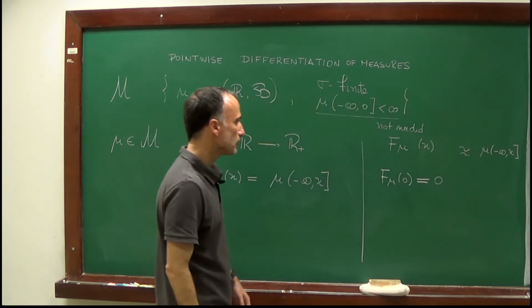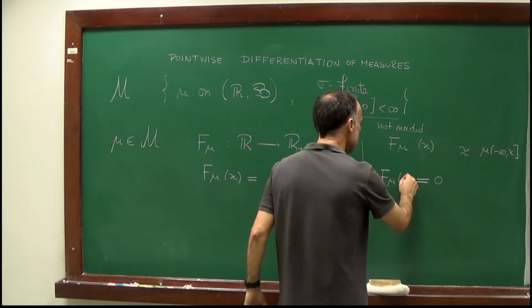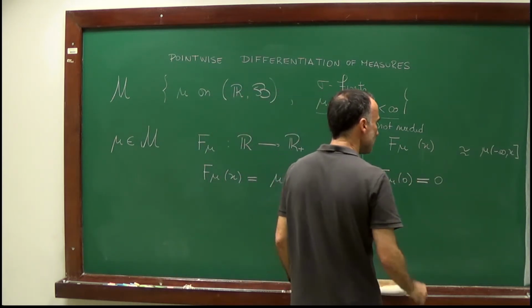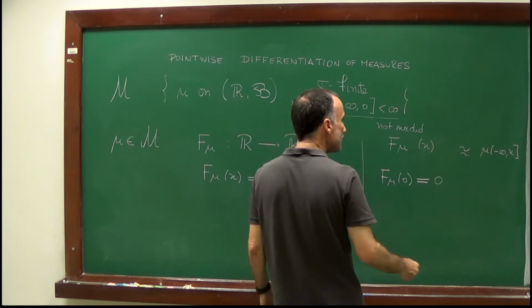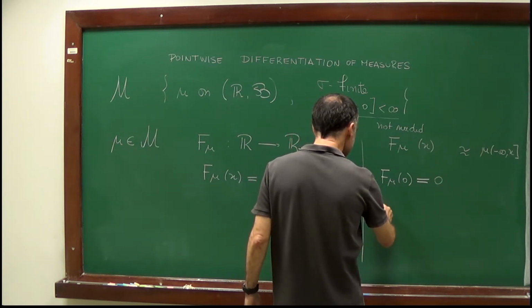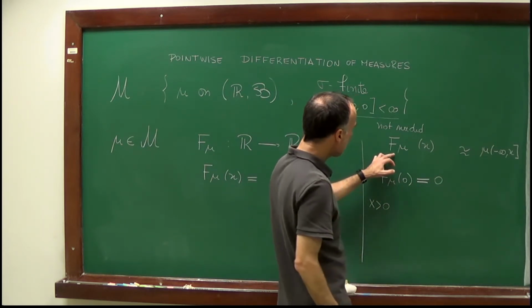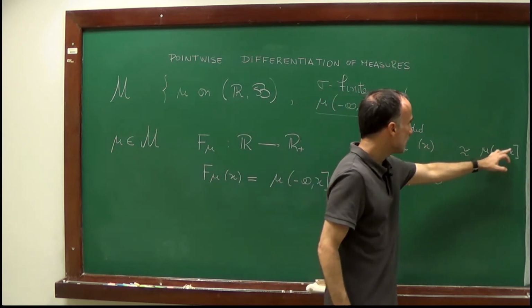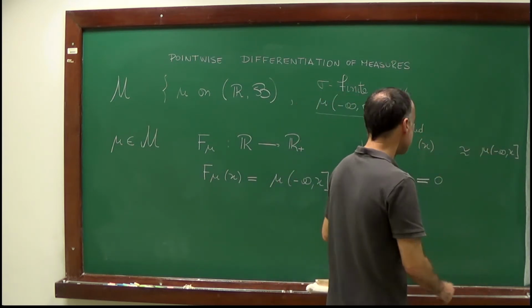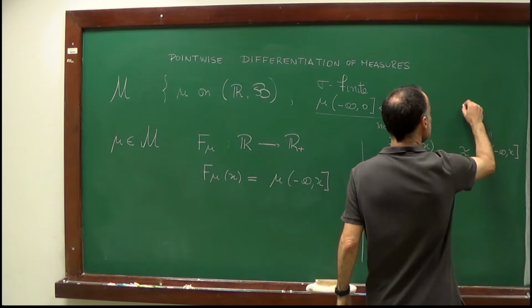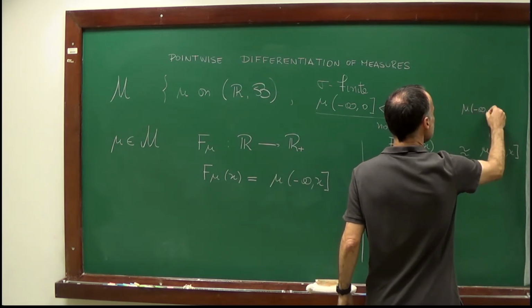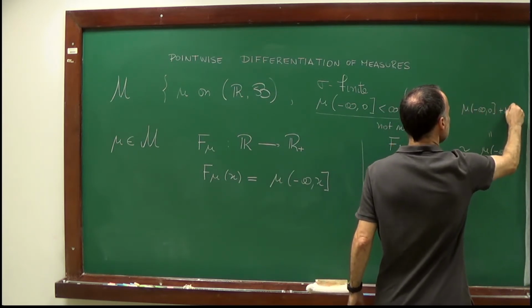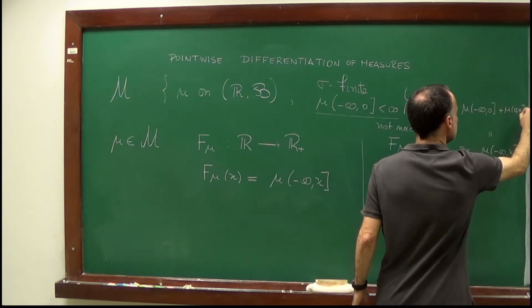Okay, so this is a normalizing factor, and then if x is positive, I want f mu of x to be given by this expression. If x is positive, I can write this expression as mu of minus infinity 0 plus mu of 0 x, right?